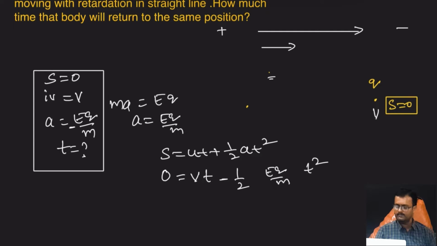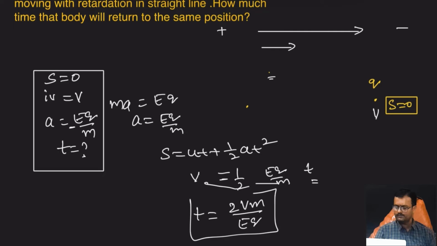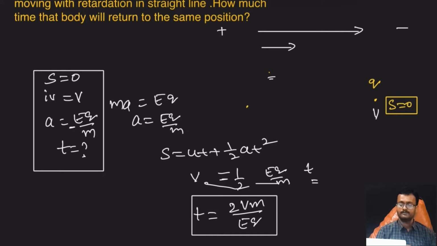When this term goes to the other side, it becomes positive. Vt is equal to half EQ by m t square, and a time cancels. So time is equal to 2 Vm by EQ. So it will take time 2 Vm by EQ to reach the initial position.